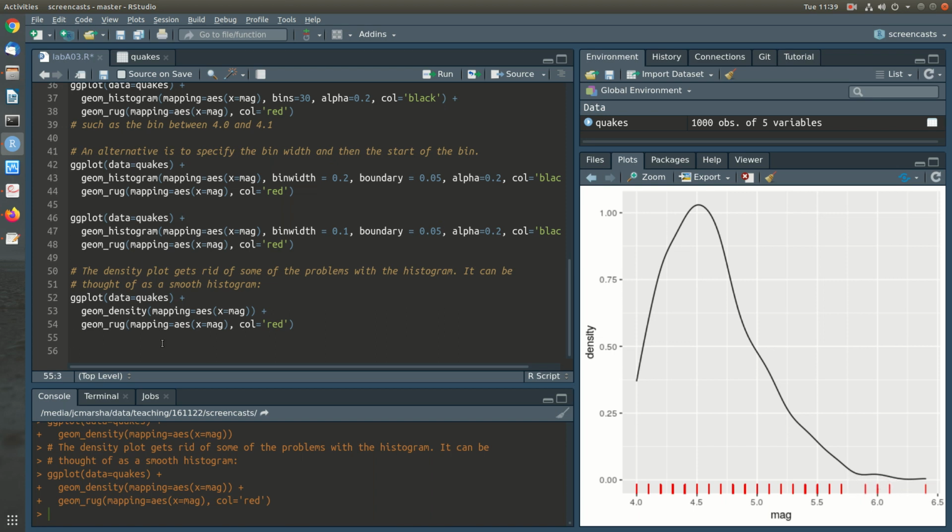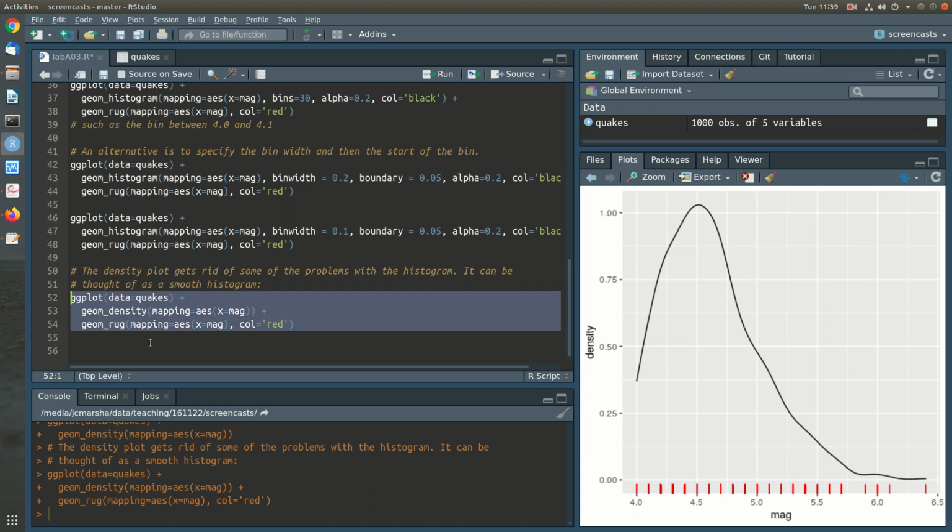Okay, so that's the density plot, and it's what I prefer, I think, to the histogram in general, because it doesn't matter that the data are rounded quite so much, because it's smoothing across everything. And so you don't have those bin width problems.